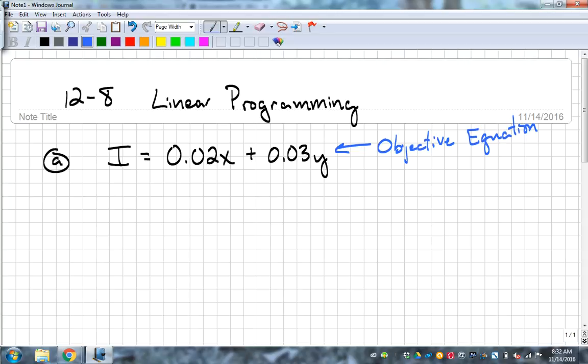And if you're dealing with a word problem situation, that might be a profit equation, or a revenue equation where you sell two different products. You've got a product A that you sell for 2 pennies, and then product B that you sell for 3 pennies.